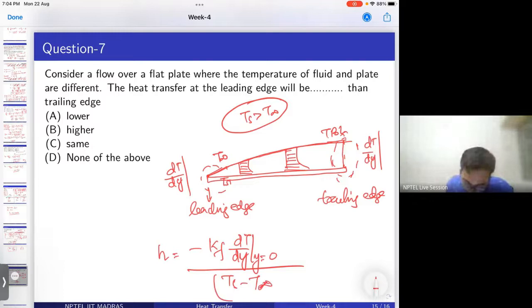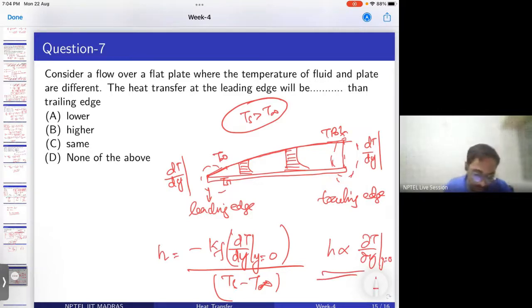Here Kf, Ts, T infinity are all the same, so h is proportional to the temperature gradient. As the temperature gradient at the leading edge is greater than at the trailing edge, the heat transfer at the leading edge will be higher than the heat transfer at the trailing edge.